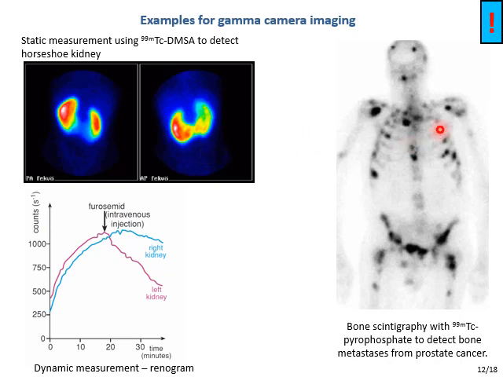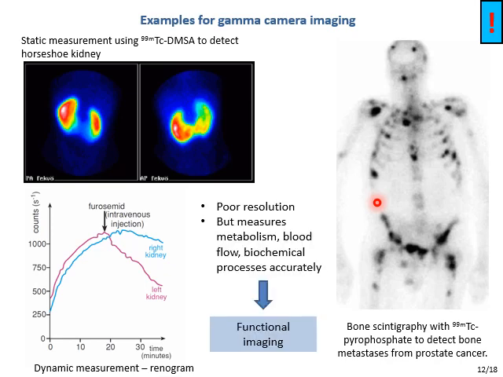I guess many of you have already seen conventional chest radiographs, chest X-rays, and the resolution of such a conventional chest X-ray is superior to the gamma camera image produced on the right. So you may wonder why we actually do this kind of gamma camera measurement if the quality of the image produced seems to be inferior to what can be produced by conventional X-ray.